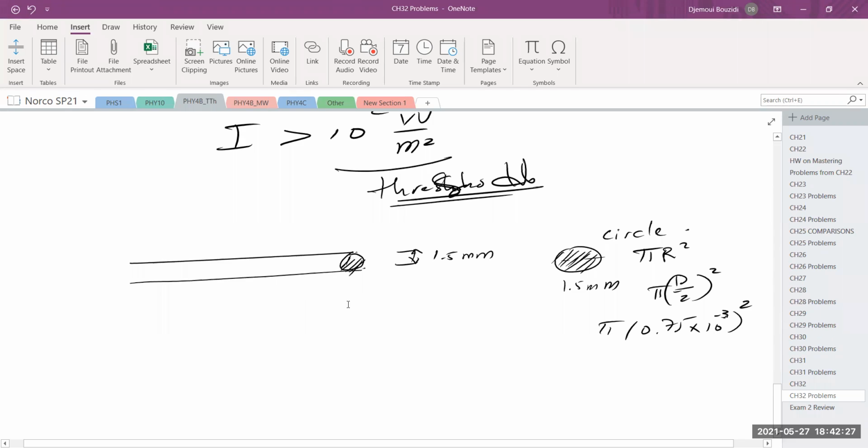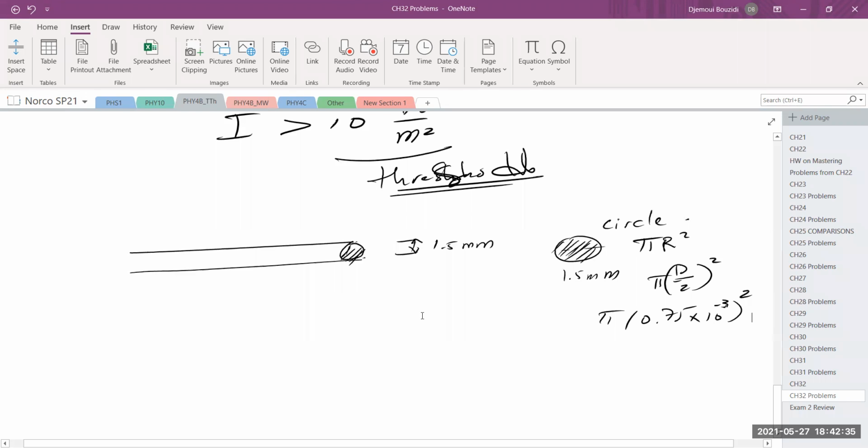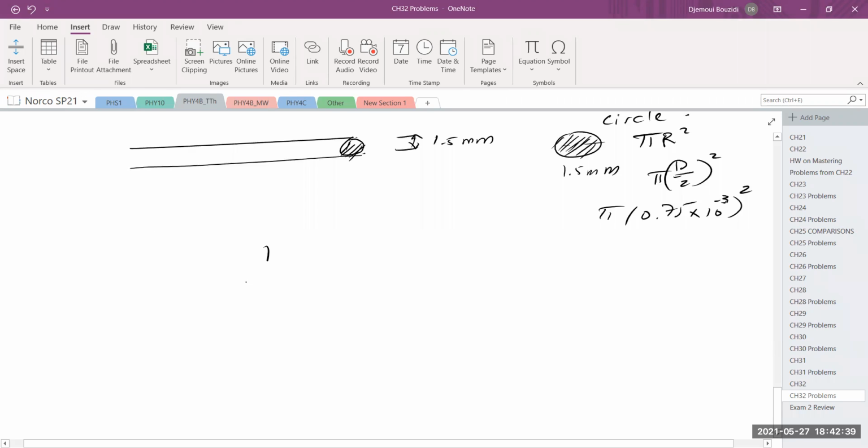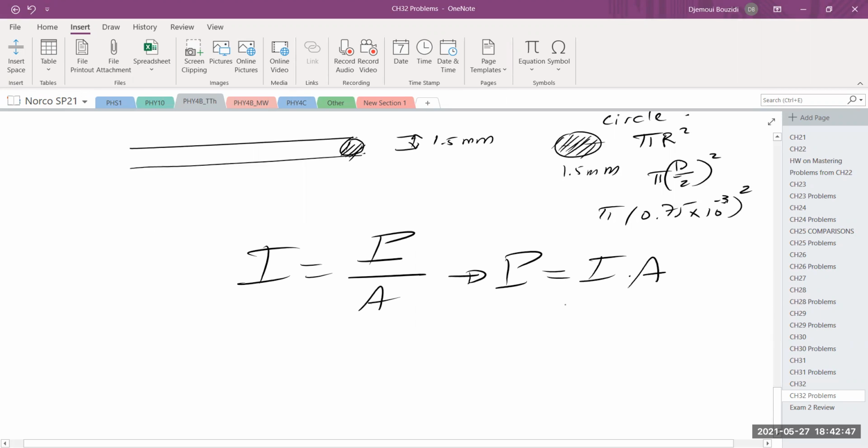So we need to find basically the power. They want us to find the maximum power that the laser beam can have without causing damage. If it exceeds that value, it's going to be damaging. So remember, the intensity I is the power over area. From here, we get the power to simply be I times A.